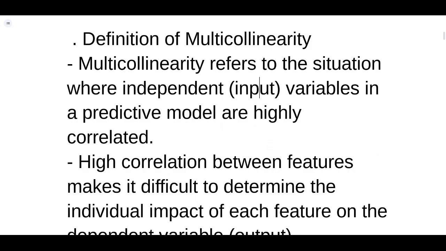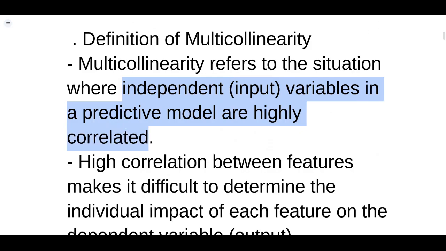Now, what is the definition of multicollinearity? Multicollinearity refers to the situation where independent input variables in a predictive model are highly correlated.